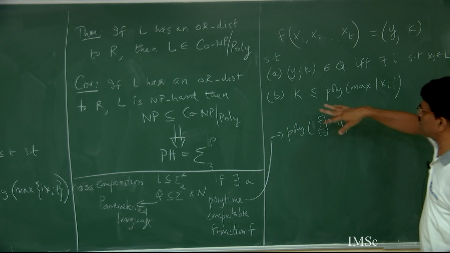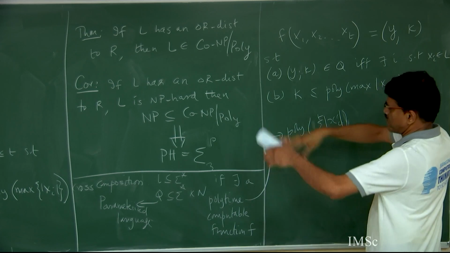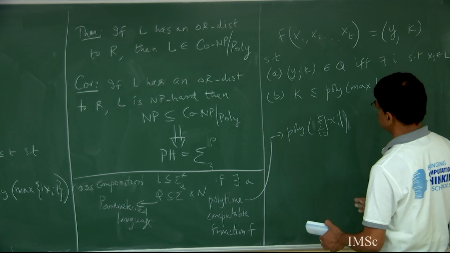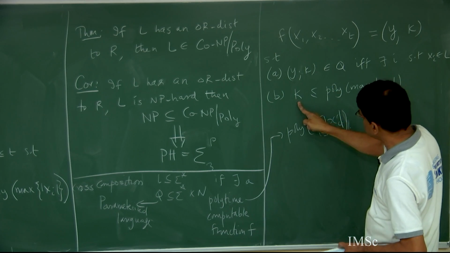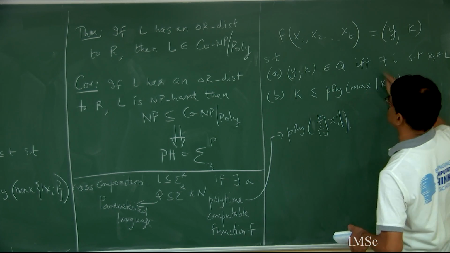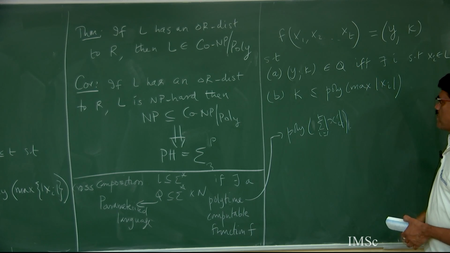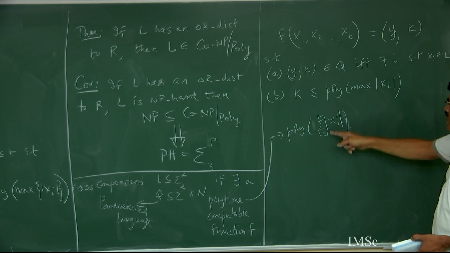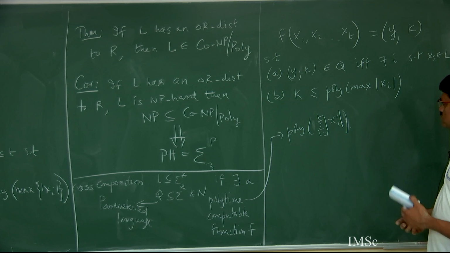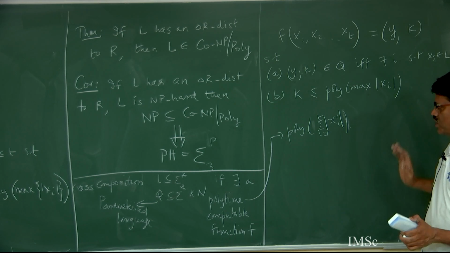So, you take t instances of a problem, some language, and compose them to one string with a parameter. The parameter is polynomial in the max length of any of these strings, and this is an equivalent instance in this sense, and the time you are allowed is polynomial in the |x_i|. Such a thing is called a cross composition.